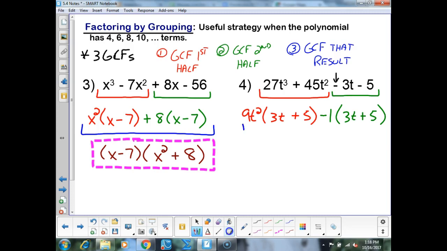Go ahead now, I GCF the whole thing. 3t plus 5 and 9t squared minus 1. 3t plus 5, is it factorable?